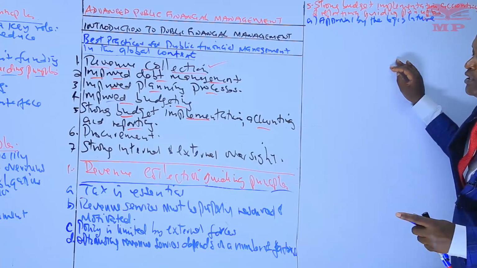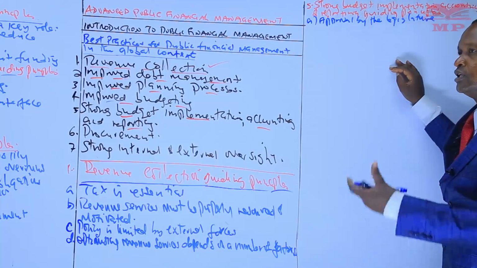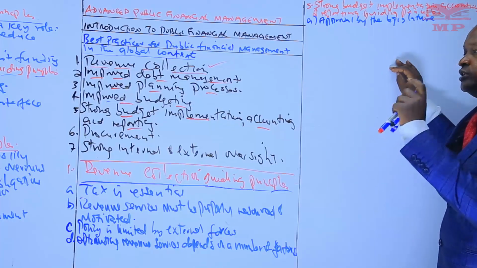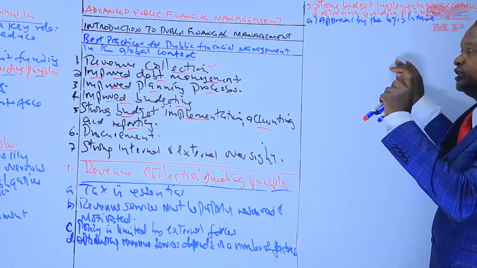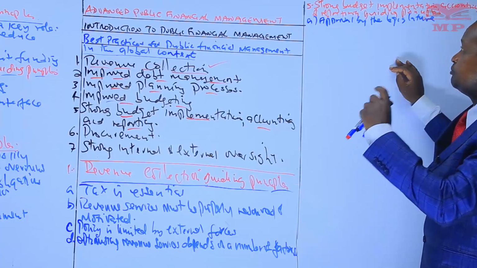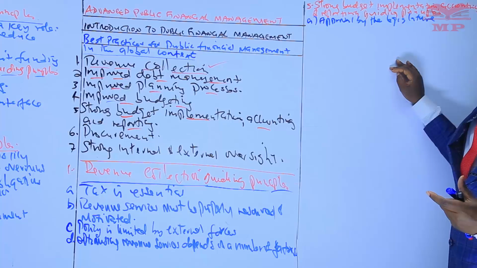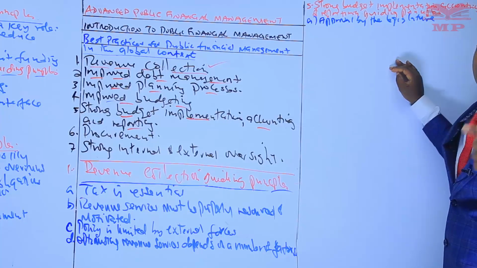The budget is prepared by the Cabinet Secretary. The Cabinet Secretary is the one who is responsible for the development of the national budget, which he or she then submits to the National Assembly for approval prior to implementation.